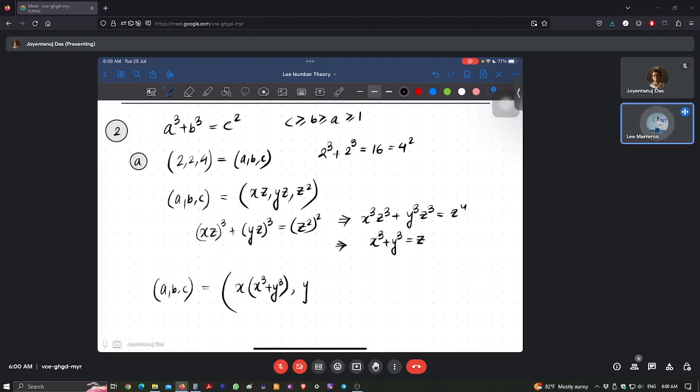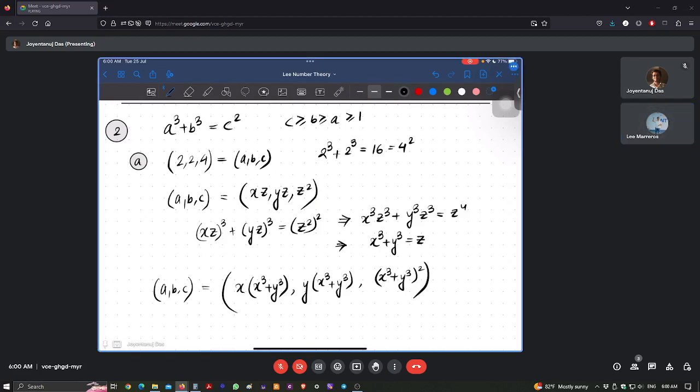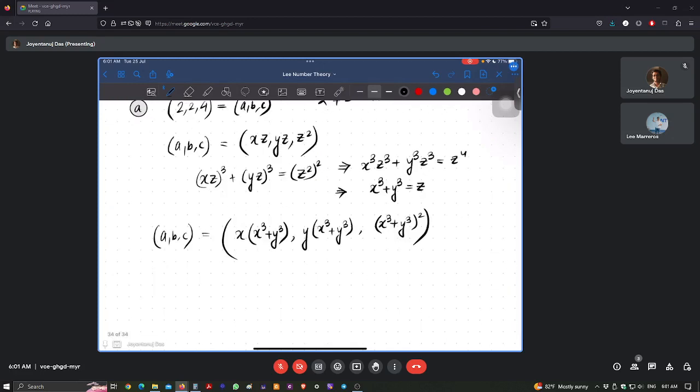so we are reducing one variable. y into x cube plus y cube, and then x cube plus y cube whole squared. Right? So now I have the freedom to choose any x and y, and I know that this will be a solution, right? So let us check the first few choices.